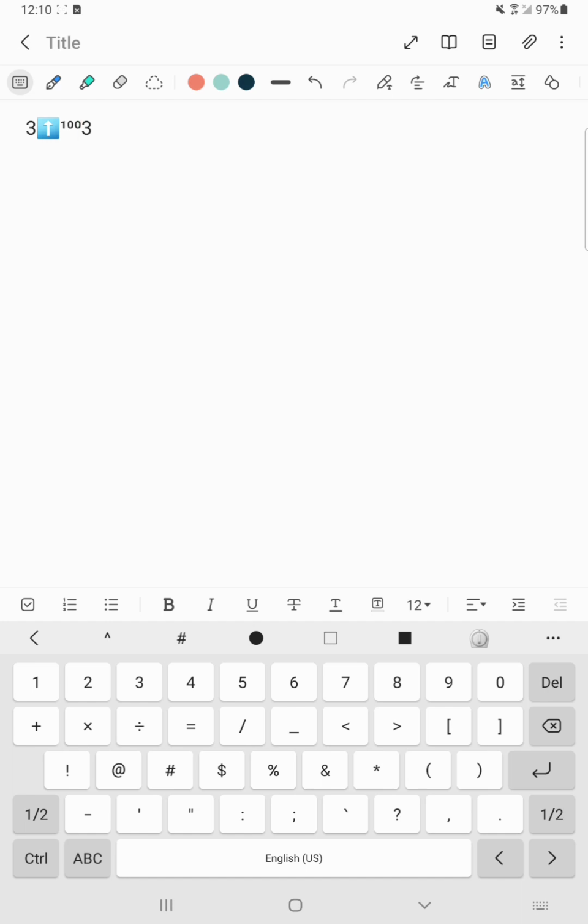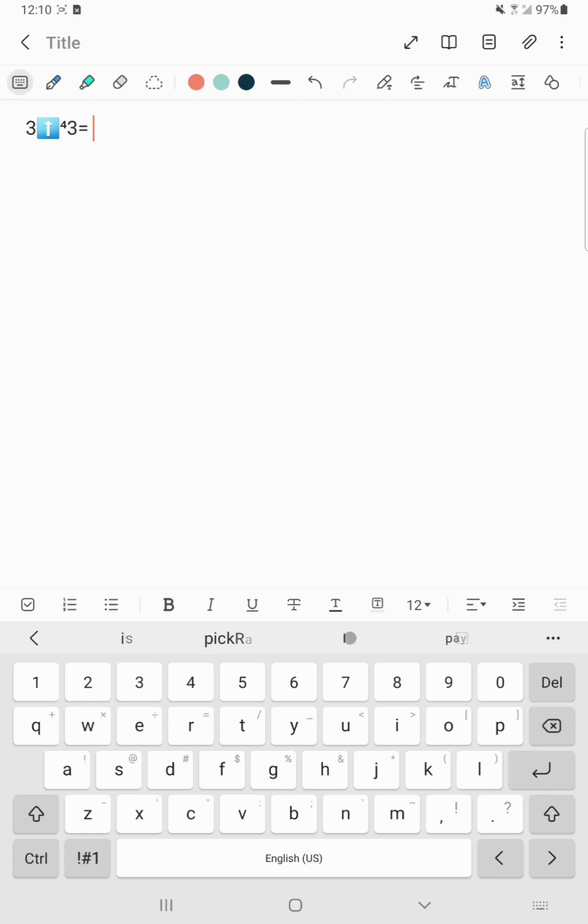But with my calculations, 4 arrows is equal to G1. What the heck is this symbol? I didn't even mean to press it. It's equal to G1.